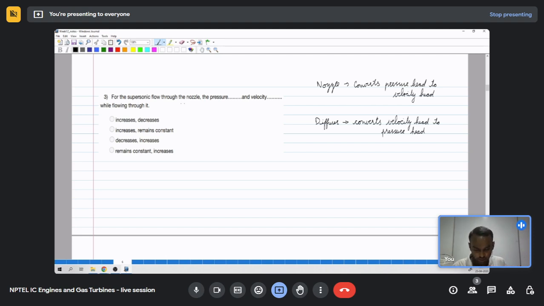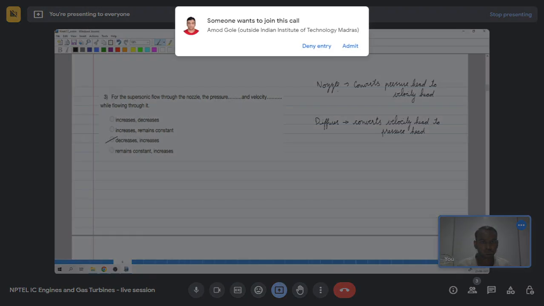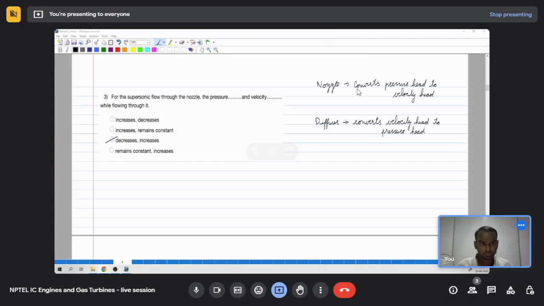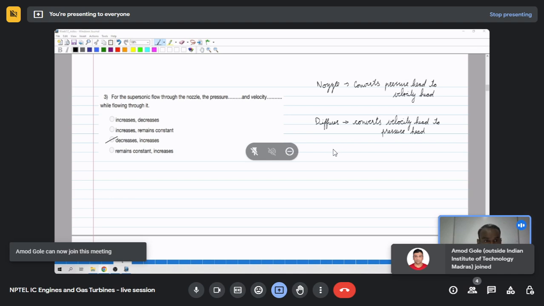So that means through a nozzle the pressure will decrease and velocity will increase. It's option 3. And the area will increase or decrease, that will depend upon the subsonic or supersonic flow. I hope it is clear, otherwise you can ask your questions now.